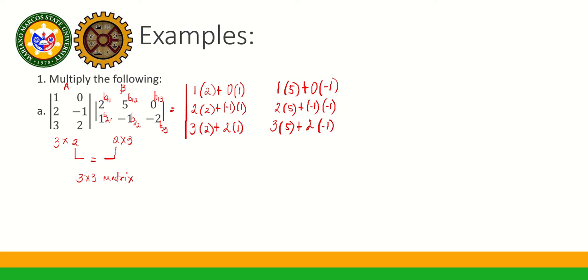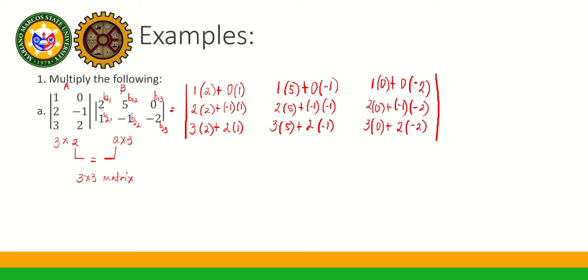For our third column naman, okay, ulitin natin si 1, 2, 3, yung mga elements ng first column of matrix A natin, i-multiply natin kay B13. So, this is multiplied to 0, 0, and then we add the elements of our second column in matrix A, that is 0, negative 1, and 2, multiplied by B23, the last element. So, we have negative 2, and then negative 2.